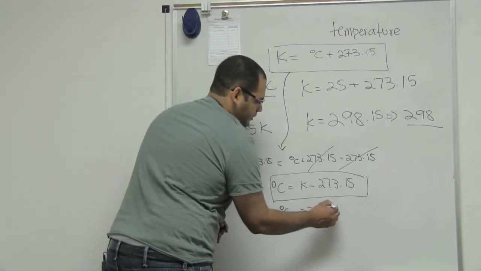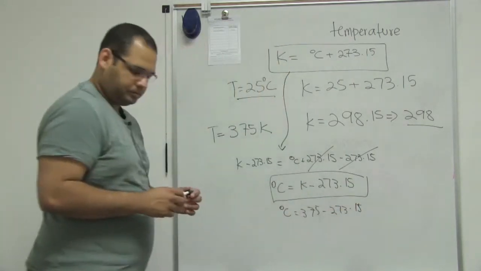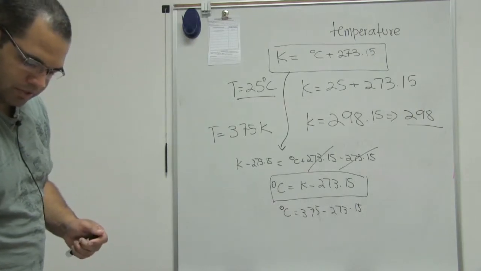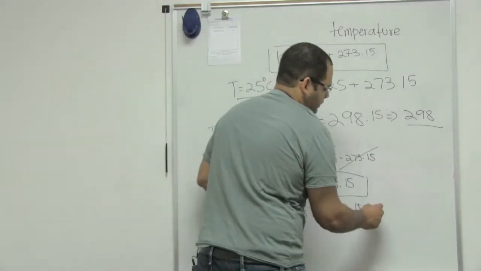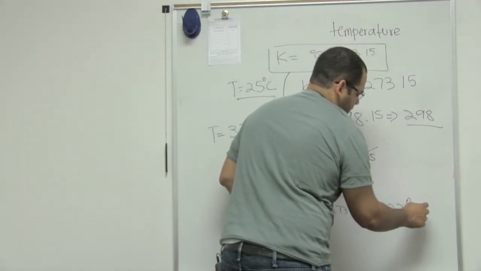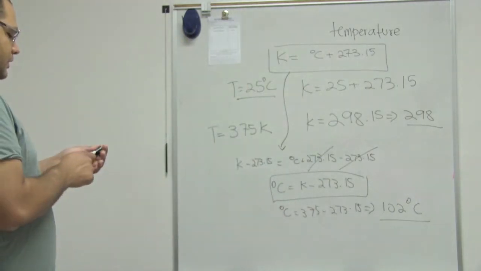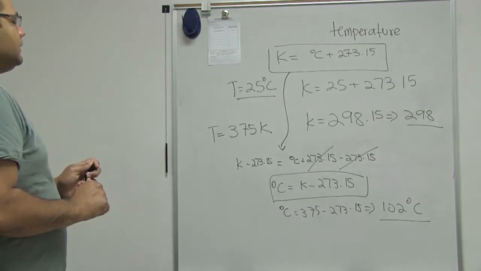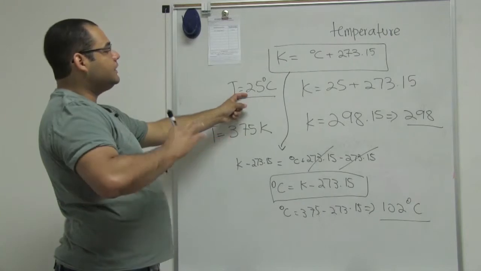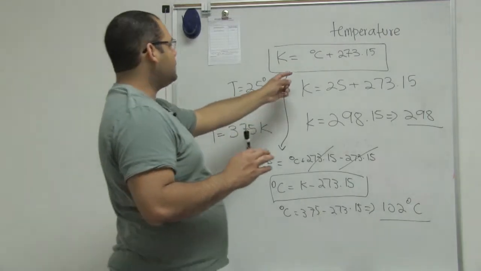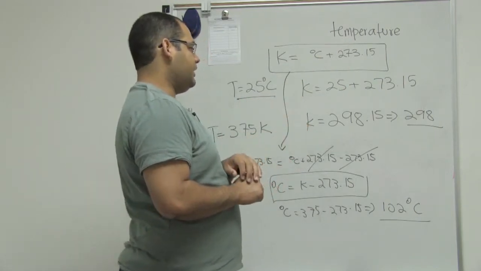375 minus 273.15. This will be around 102 Celsius. Okay, so if the question gives me the temperature in Celsius and asks me to find the temperature in Kelvin, I just plug the temperature in Celsius in this equation, and then I get my new temperature in Kelvin.